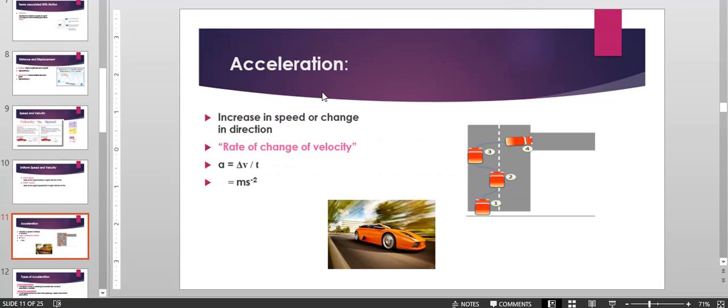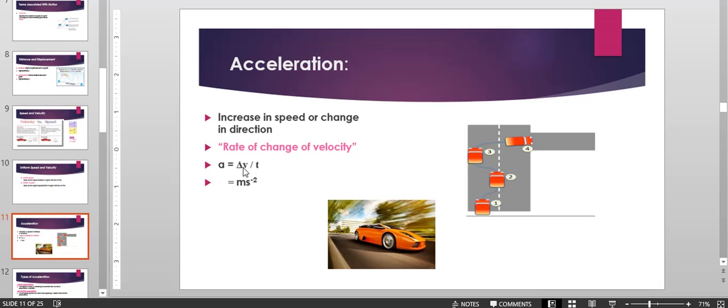Next term is acceleration. Acceleration is an increase in speed or a change in the direction of an object, or the rate of change of velocity. The rate of change of velocity is represented as delta v in the formula of acceleration, delta v divided by t.